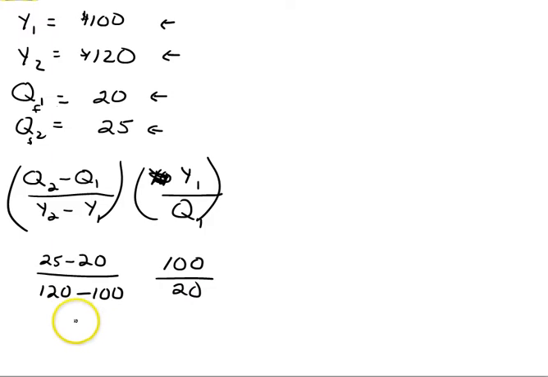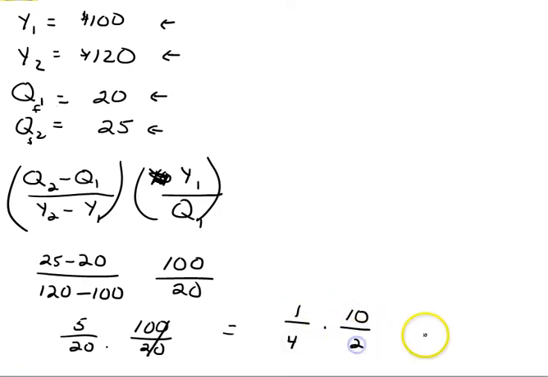So we have 5 over 20 times 100 over 20. I can do that. 5 over 20 is 1 over 4 times 10 over 2. I get 10 over 8, or 1.25.